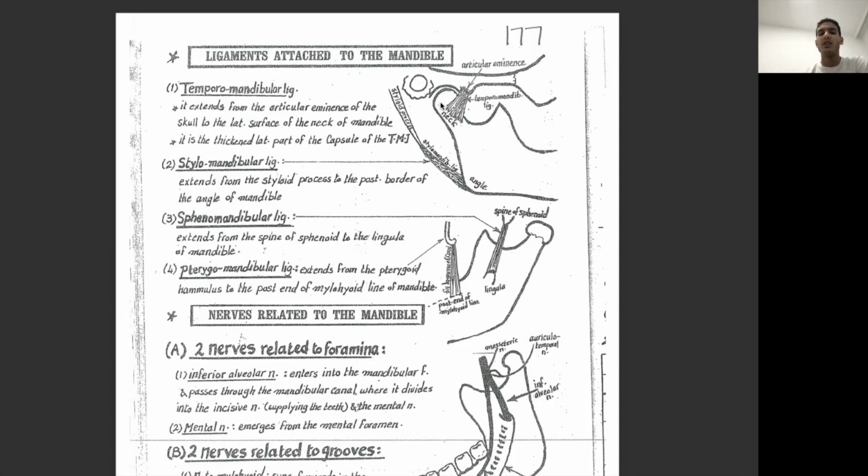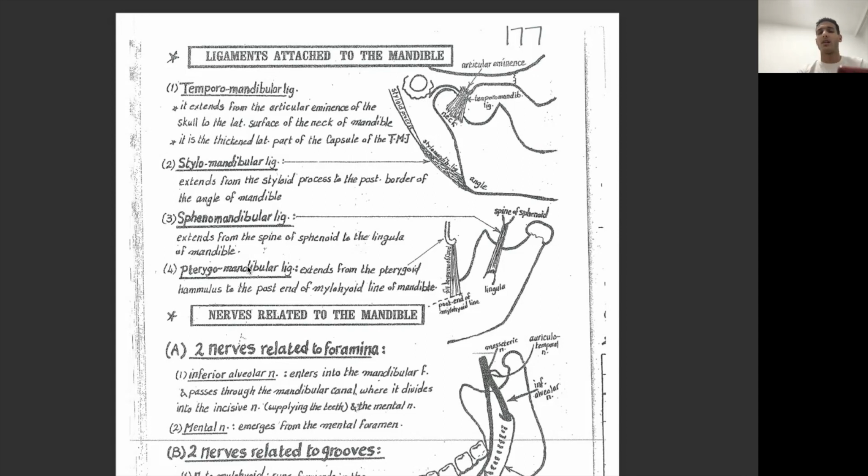For the stabilization, all of those ligaments are present, and it's the main contributor to allowing the movements of the jaw.